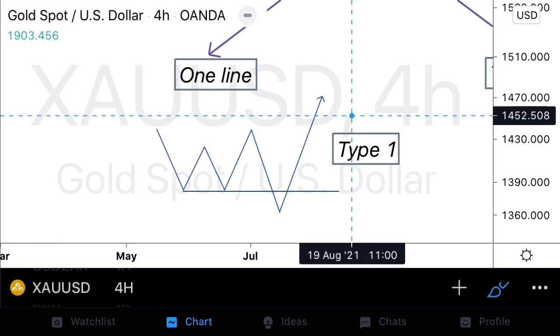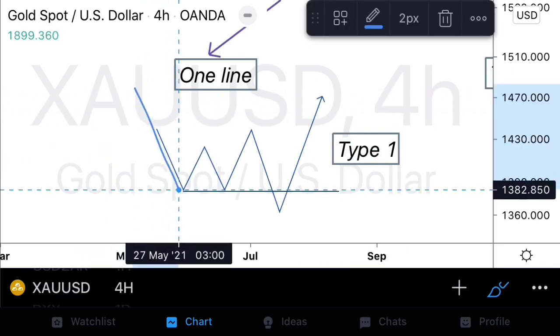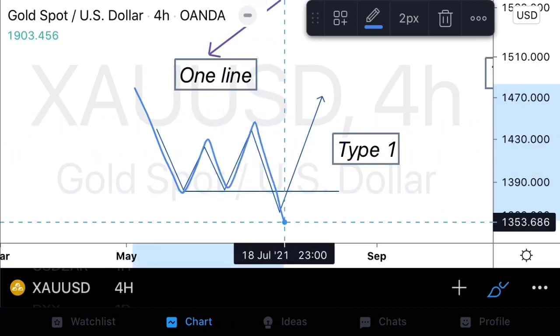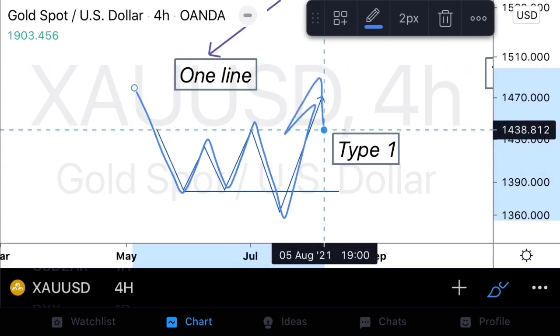The simplest way I can convey this information is to think about it like this. We have a market that comes down, creates a double bottom structure, violates that double bottom structure, and then we see a mark up.